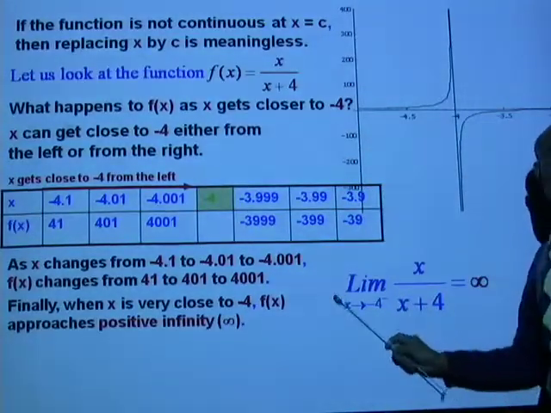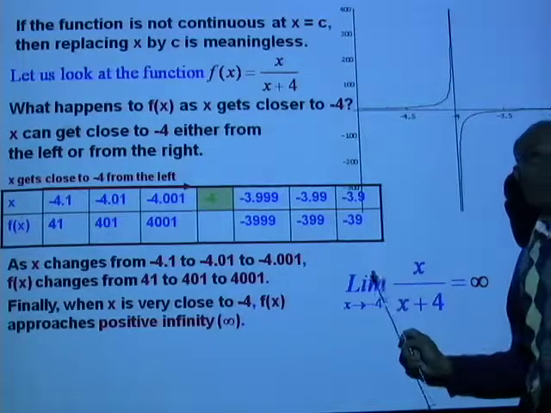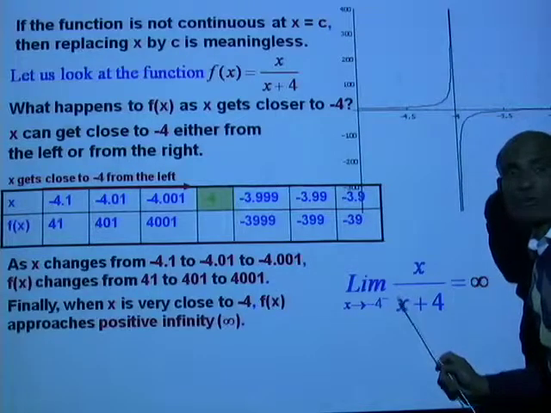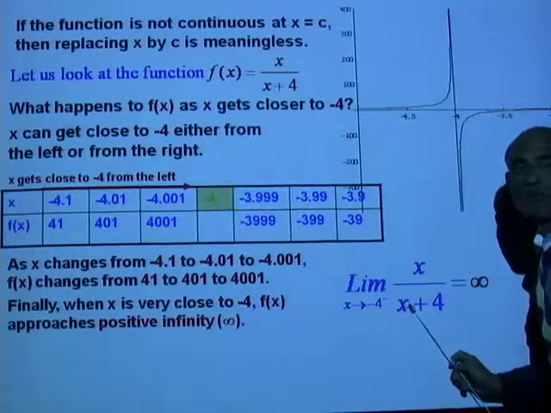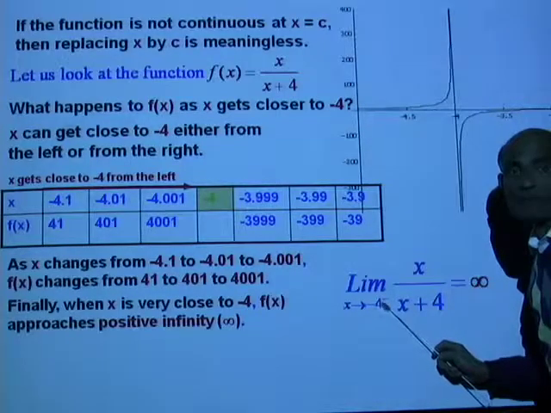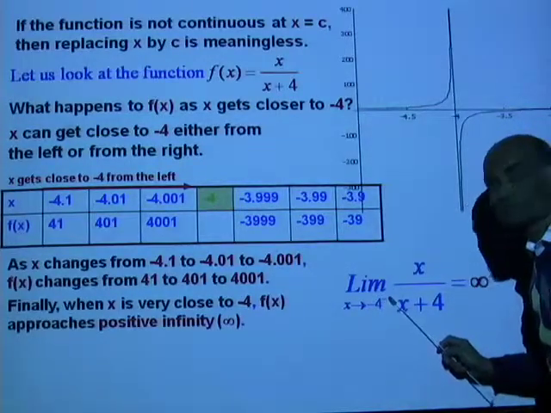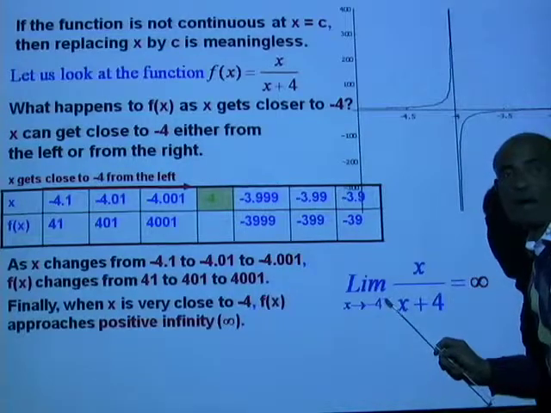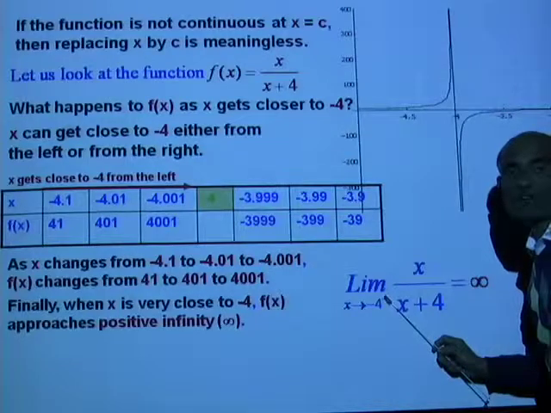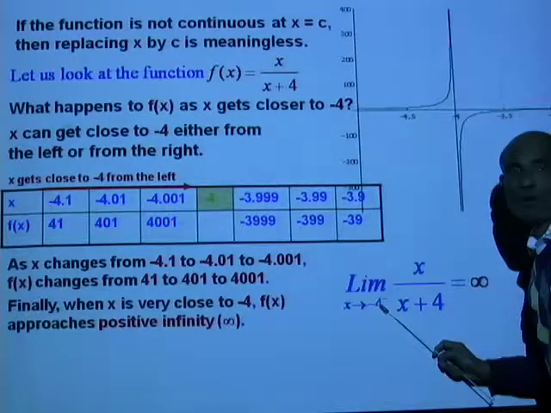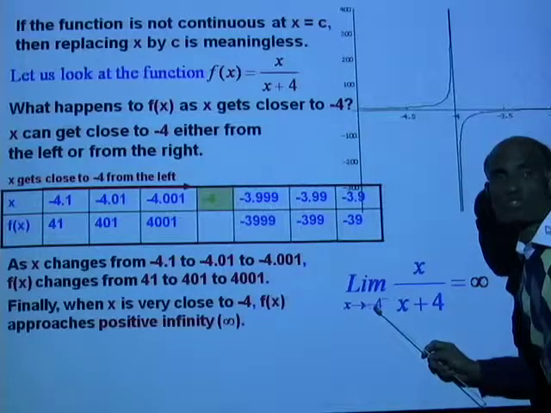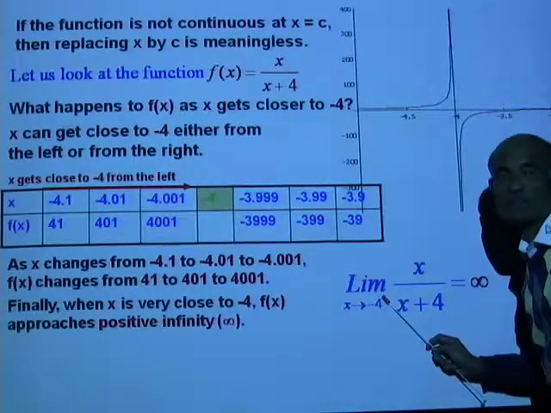And this is the way we write it. I want you to take note of this. We write it like this: the limiting value of the quantity x over x plus 4 when x approaches negative 4 from the left. Now look at the symbol we use for that. This negative sign is really not a power. This negative sign on the top right corner of the 4 tells you to read it as x approaches negative 4 from the right.